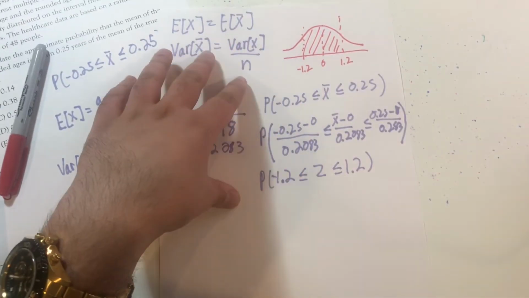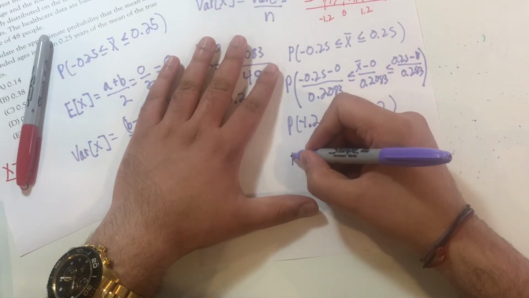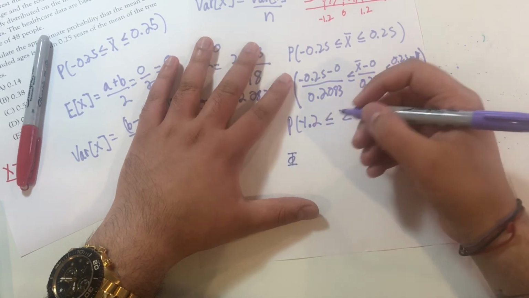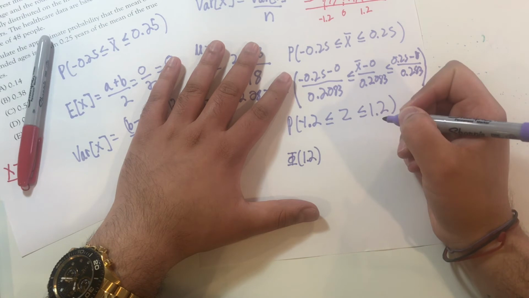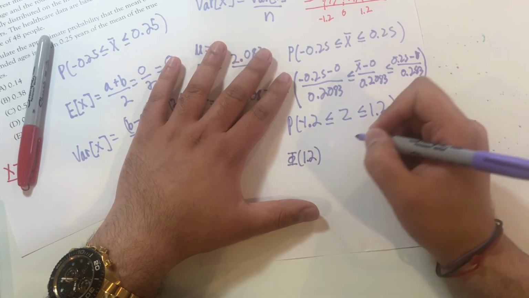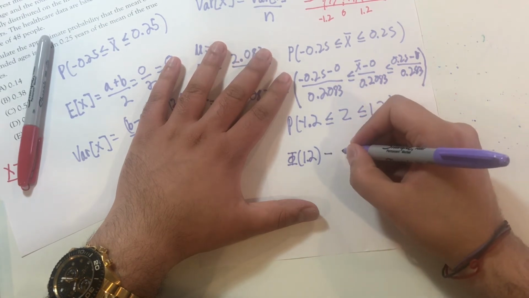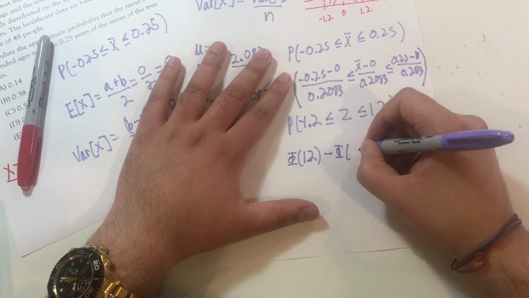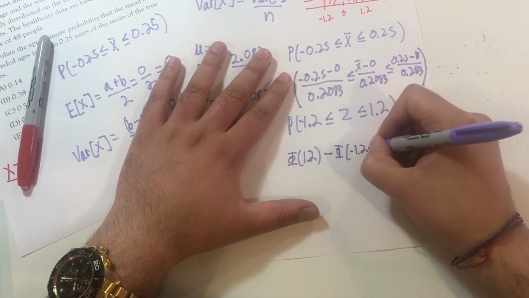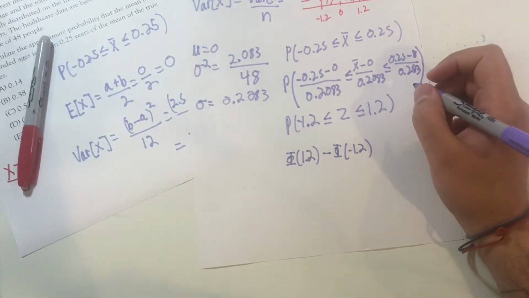And that's exactly what I'm going to do. I'm going to calculate a phi value for 1.2, and subtract from it the phi value of negative 1.2.